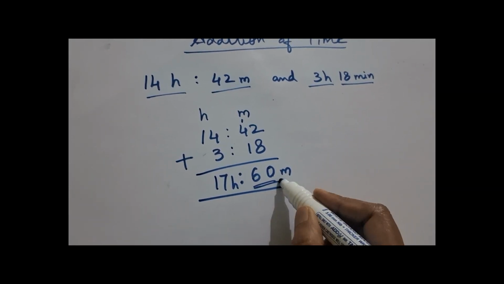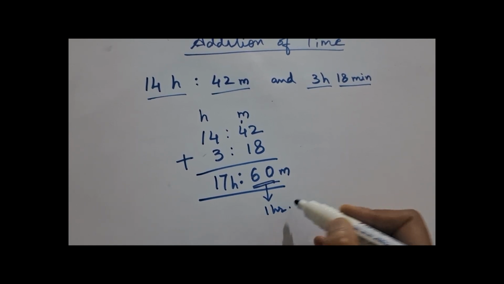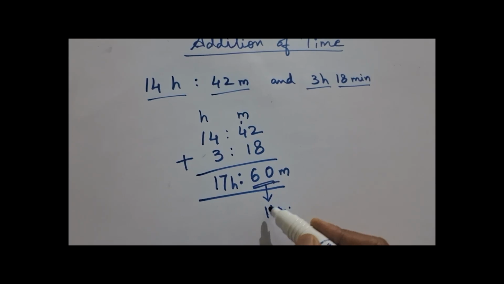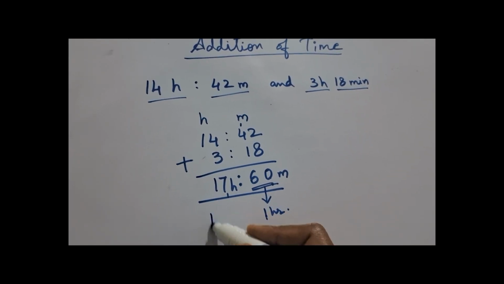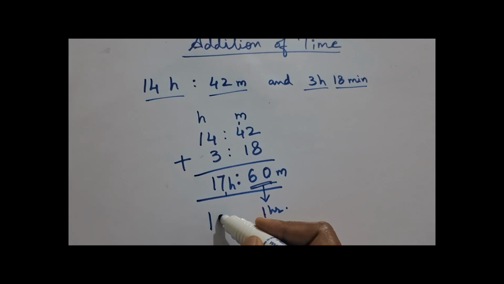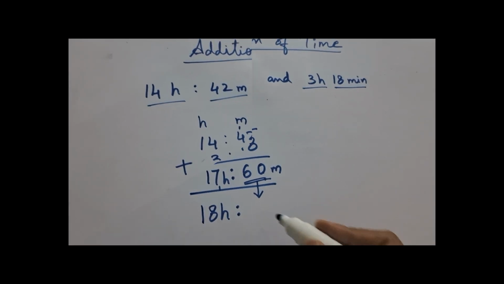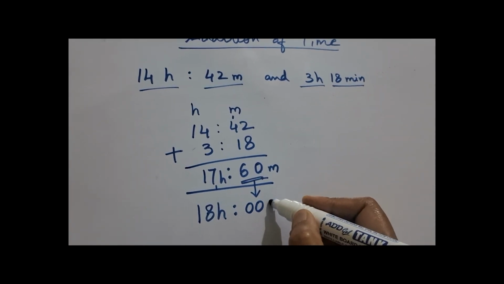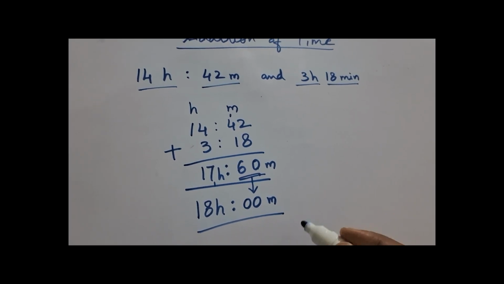But we know that 60 minutes is nothing but 1 hour, isn't it? So this is 1 hour. This 1 will shift to hours place as carry. Then our timing is now 18 hours and 0 minutes. 18 hours 0 minutes. Okay, children.